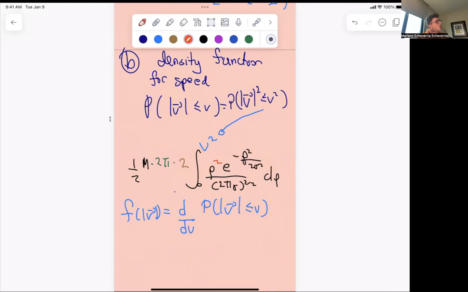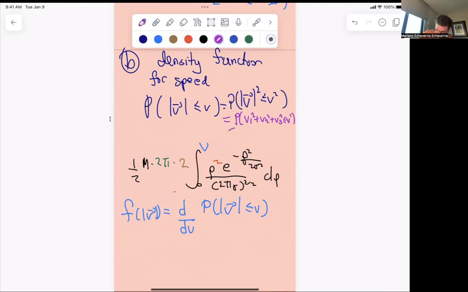Let me check. This is the probability that v1 squared plus v2 squared plus v3 squared is less than or equal to v squared, so it is a sphere of radius v. So the bound is just v. Oops, sorry about that.